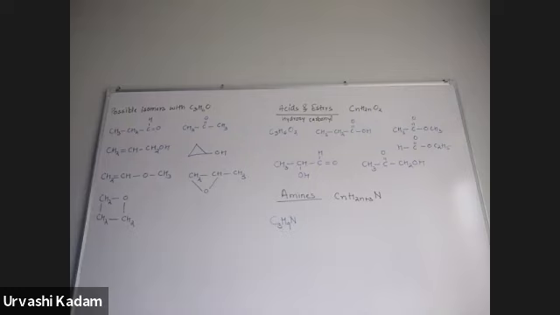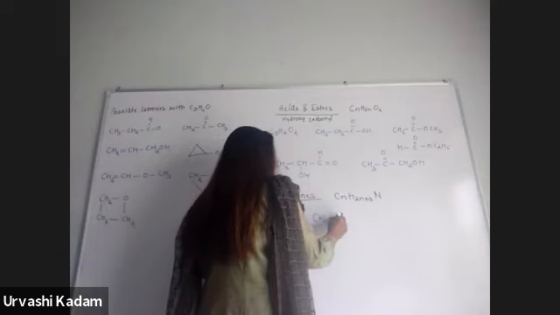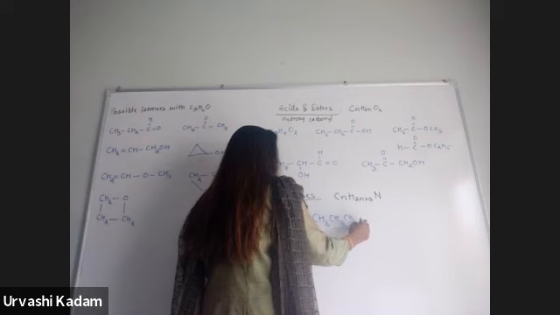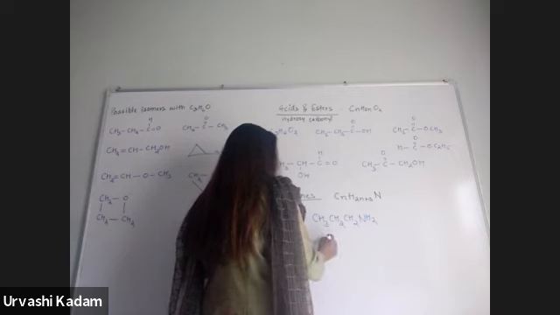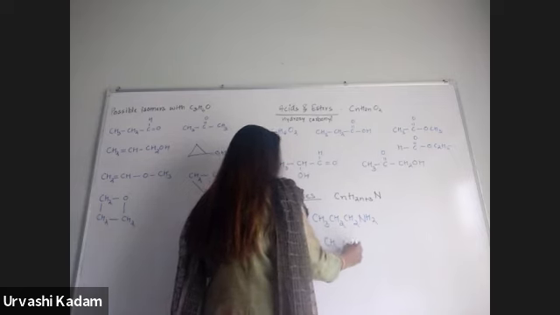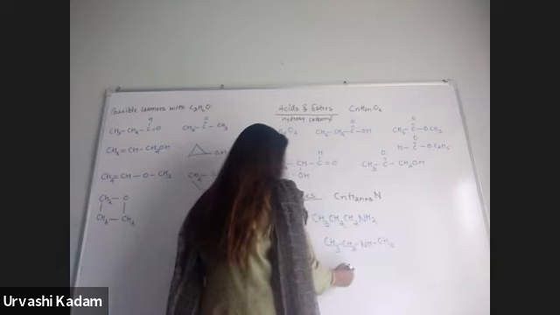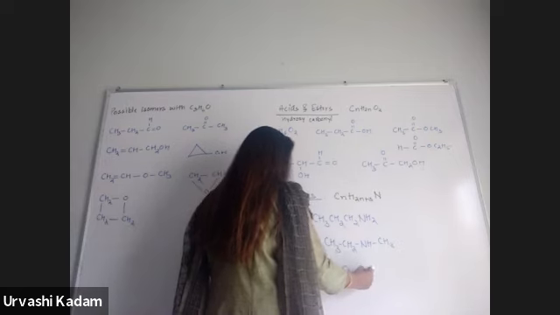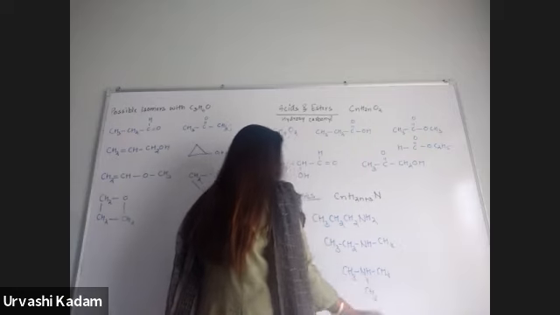So what are the isomers here? I can have a primary amine, this CH3CH2CH2NH2. Can have a secondary amine, so they are functional isomers of each other.